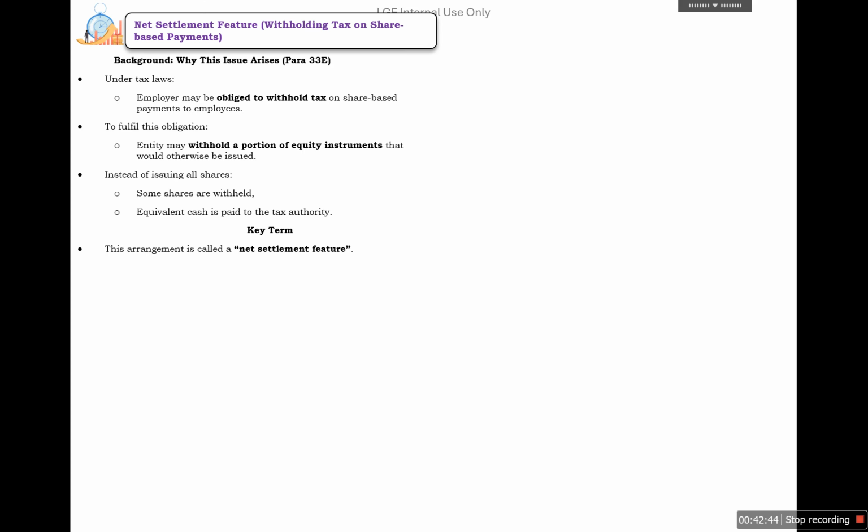Next, there may be cases where net settlement is done. The government requires the entity to withhold a number of shares against the tax liability. So what do we need to do? Why does this issue arise?